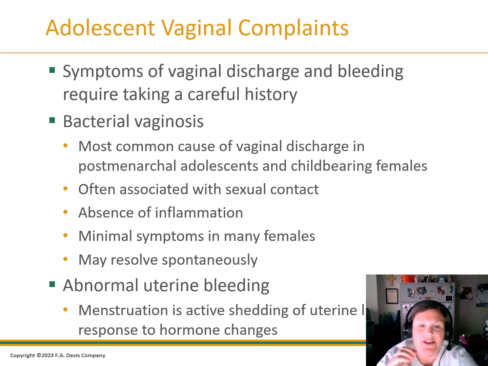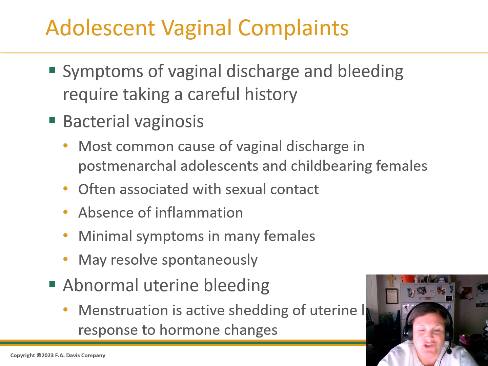It's associated with sexual contact most of the time. And we see it in adolescents once they've started having a cycle, and obviously that would include childbearing females. So BV or bacterial vaginosis is not typically associated with an adolescent who hasn't started having menstrual cycles.